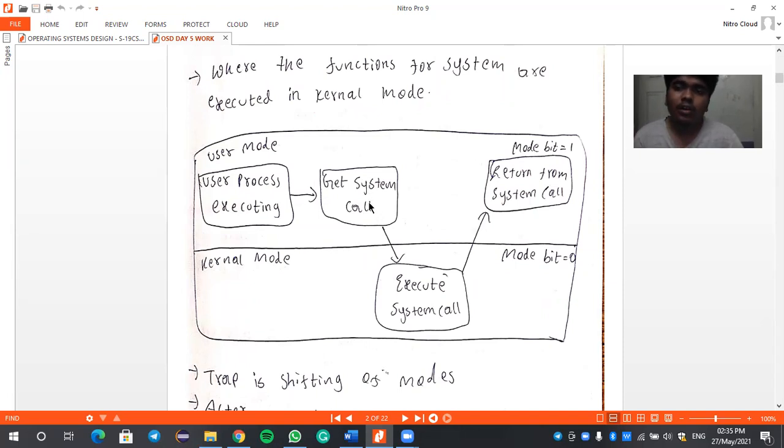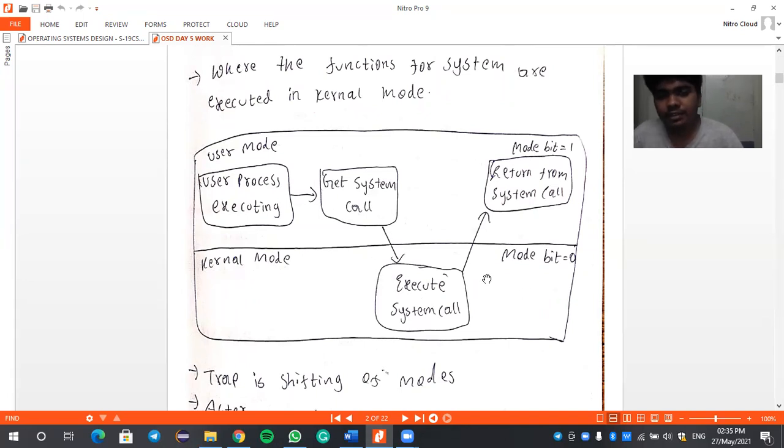To make a system call, it needs some basic requirements like the instruction set, memory, and the registers required for the application. All these are the prerequisites required for a system call. To get a system call, it transfers into kernel mode.